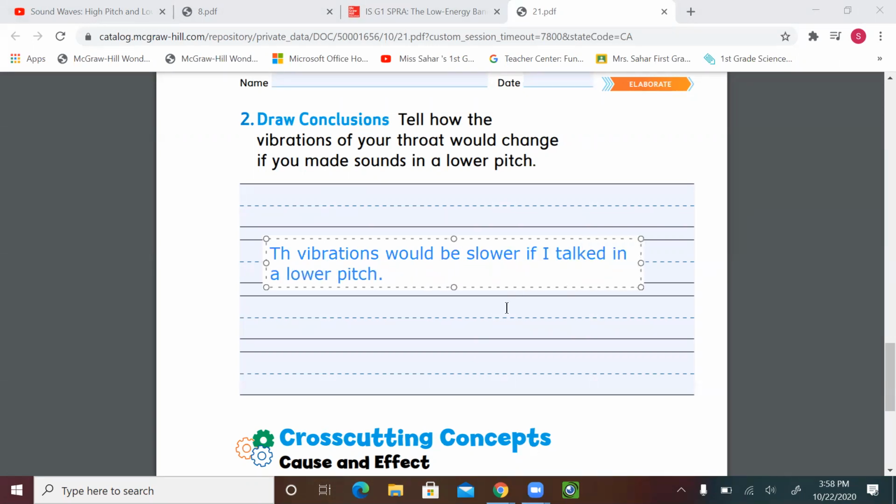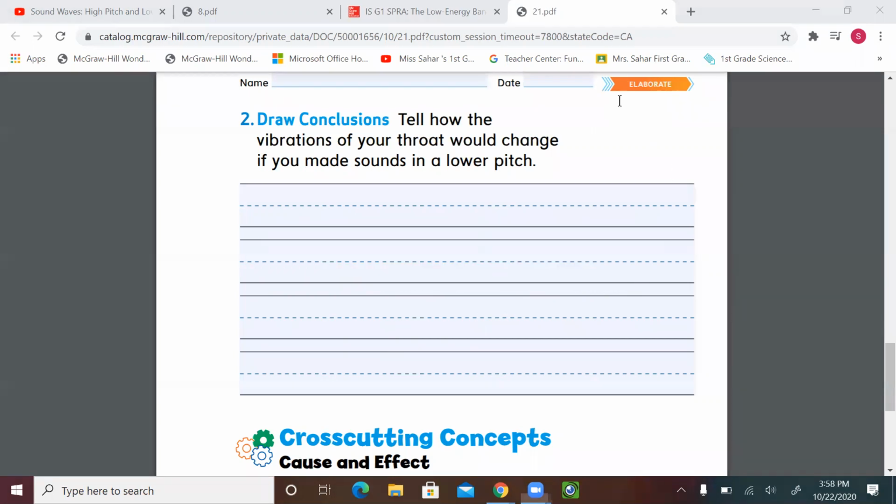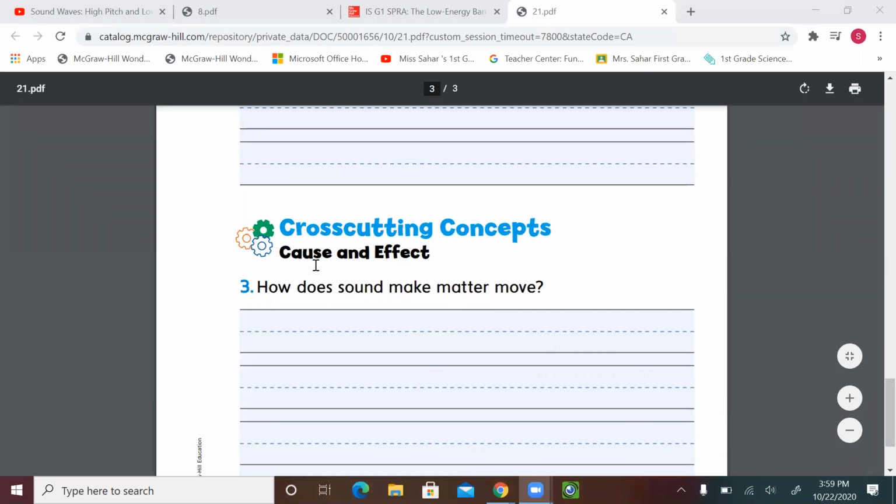And of course, the opposite. It's going to be faster if I'm doing high pitch, because when you talk, you just use your normal tone. All right, let's clear this, close that, and go for the last part for this page.